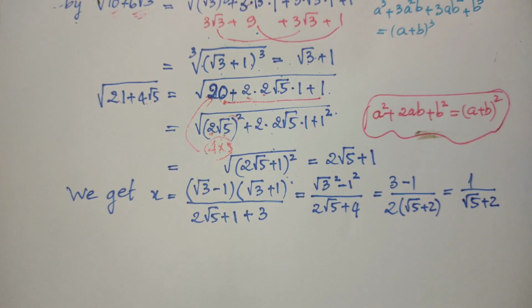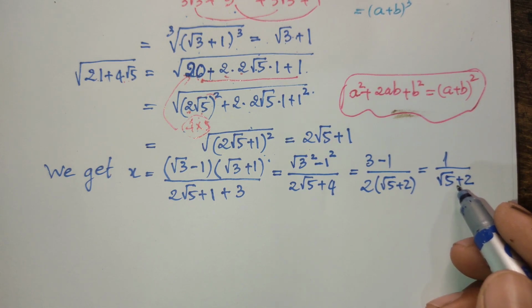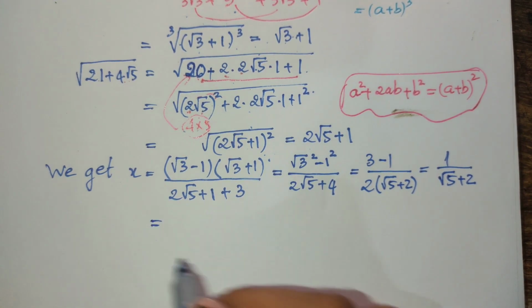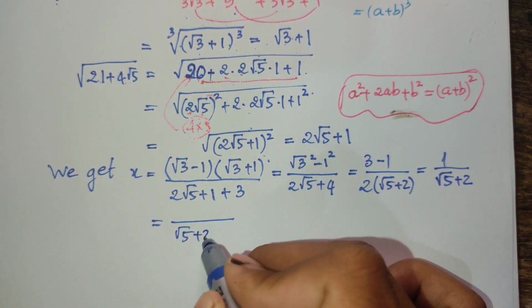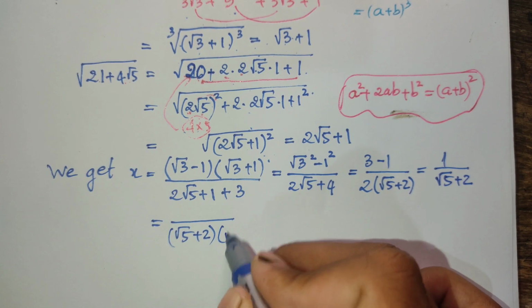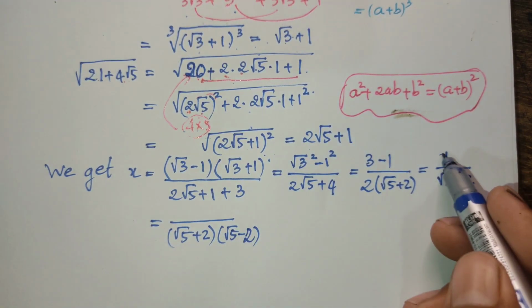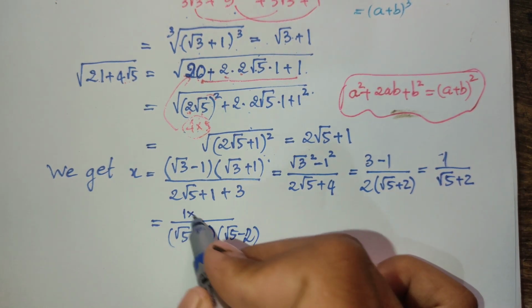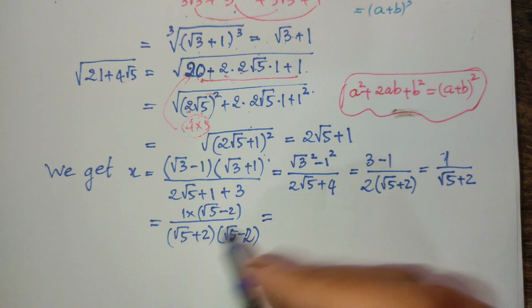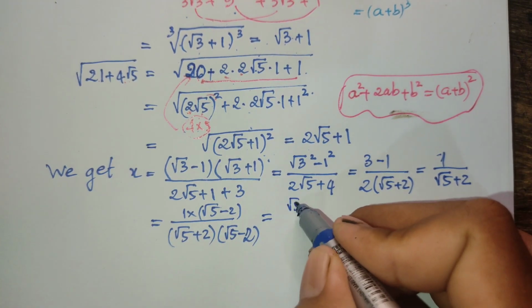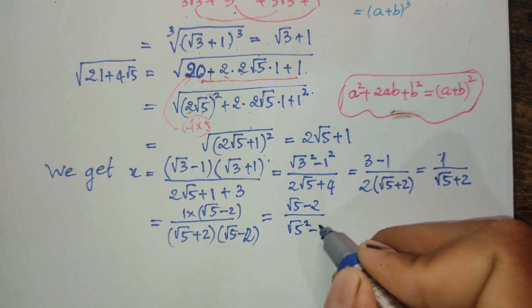Okay, now I can write this as 1 over (square root 5 plus 2), and we multiply by (square root 5 minus 2).